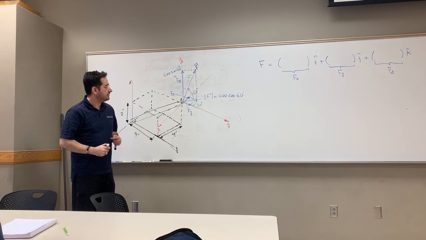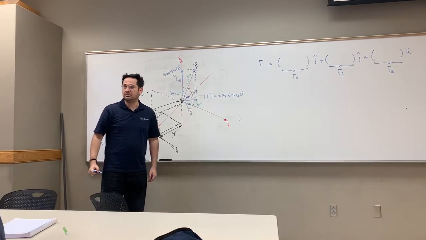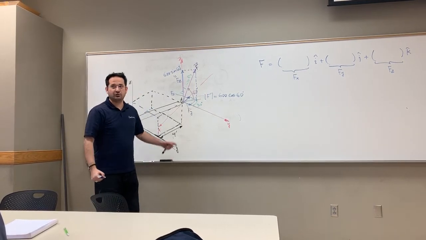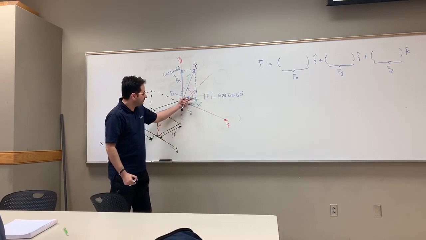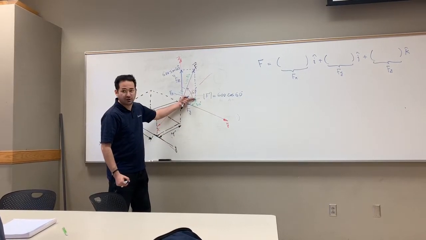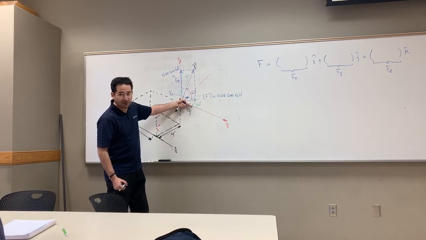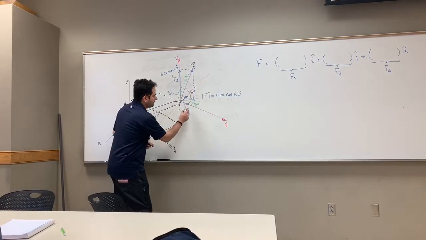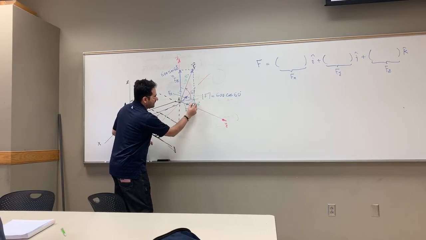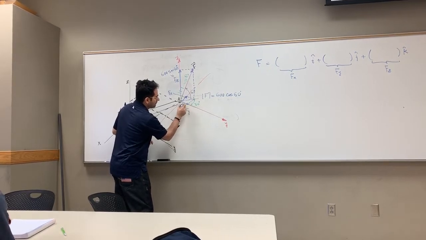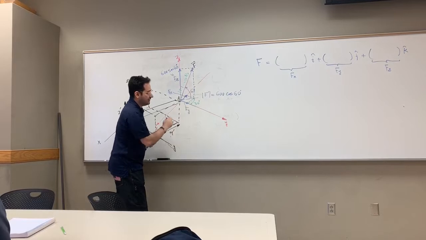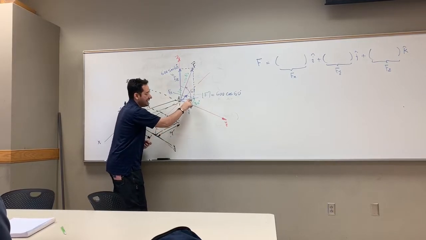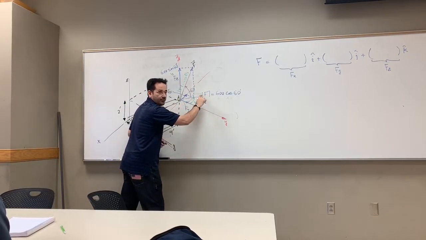Am I done? Nope. I need to do step number 2. This is in xy, so I need to find the y and the x component. What should I write for Fy? If this angle is 30, this component shares the angle with F prime.